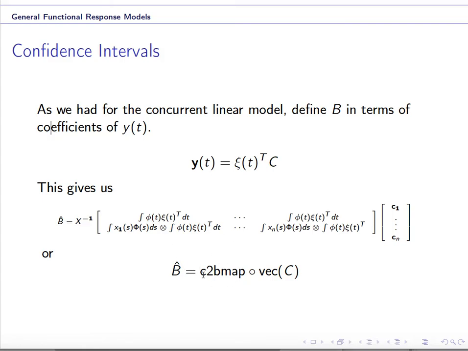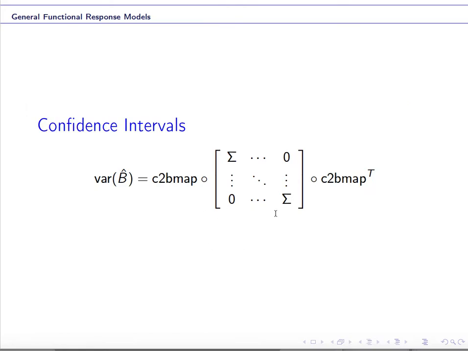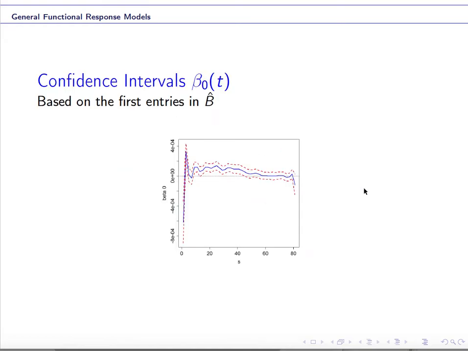This big matrix we call the C2B map. If we have this form, then we can express the variance of B hat using the delta method: basically it's the C2B map times the variance of C times the C2B map transpose.